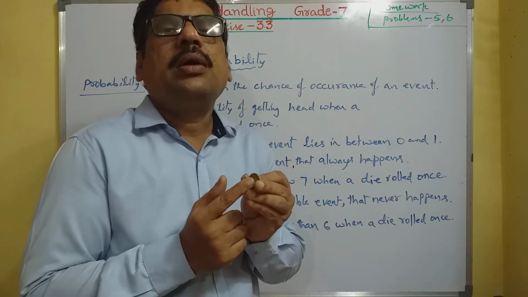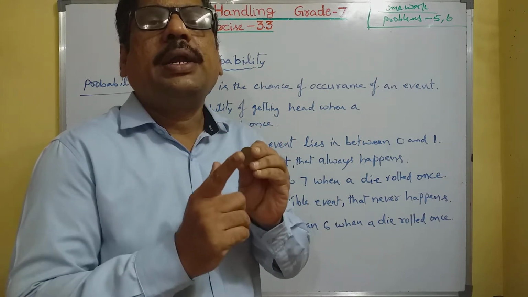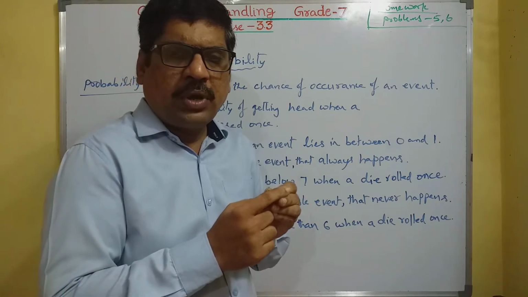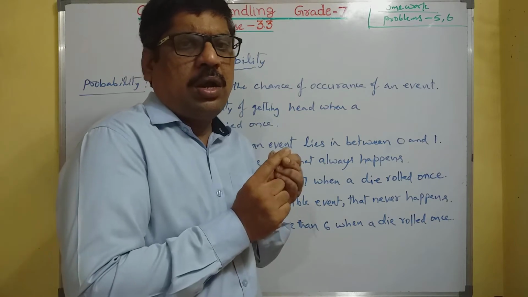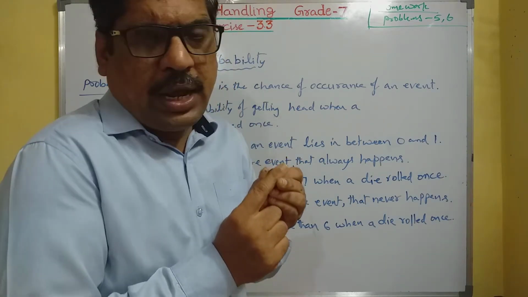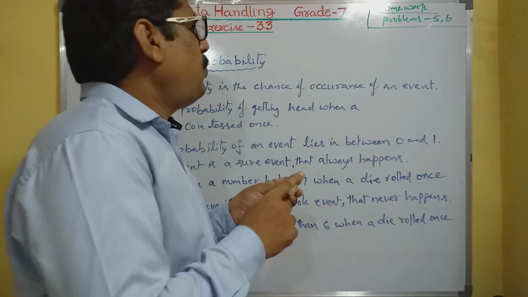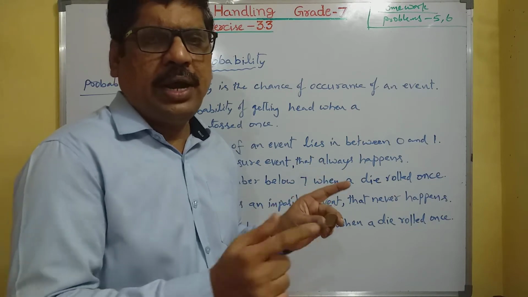So can you tell surely what we are going to get in advance? Is it possible? Can you say that definitely we will get head when you toss a coin, or definitely we are going to get tail? It is not possible. If you have selected a head, you may get tail, or you may get head also.